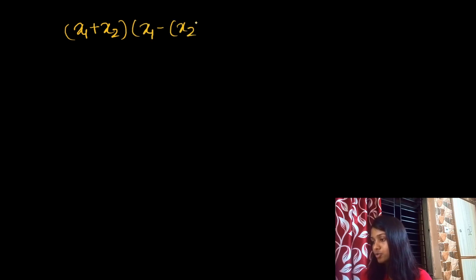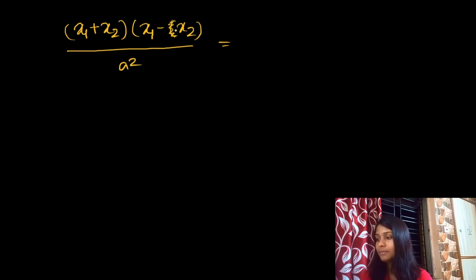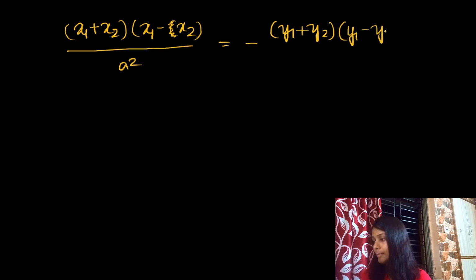So here, if we write it as (x1 plus x2)(x1 minus x2) divided by a square, and if we take this term to the right hand side, we will obtain minus (y1 plus y2)(y1 minus y2) divided by b square.